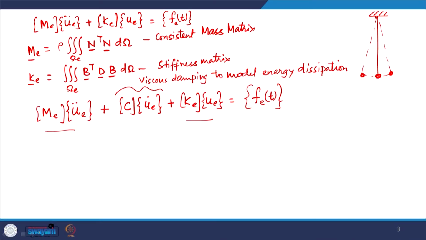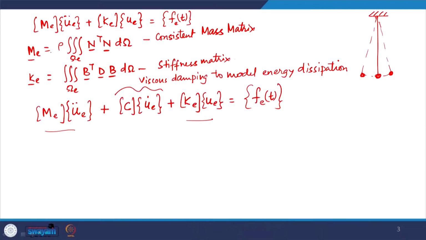And then what should be the damping coefficient? Again we can possibly adopt the same formulation as that for the mass matrix or inertia matrix.